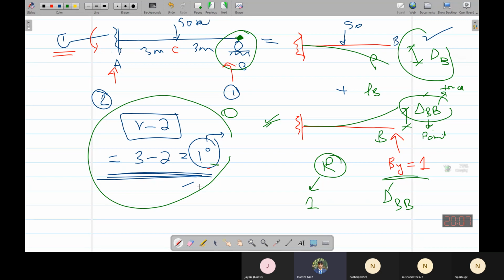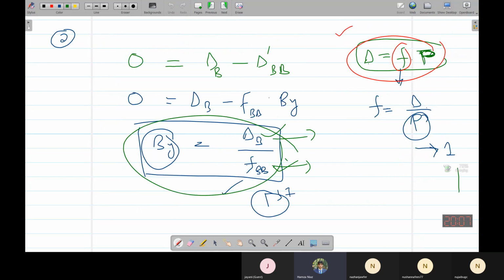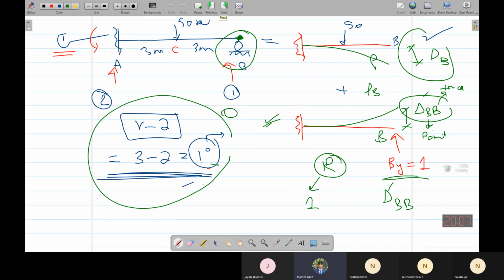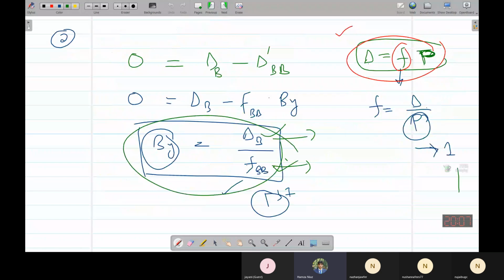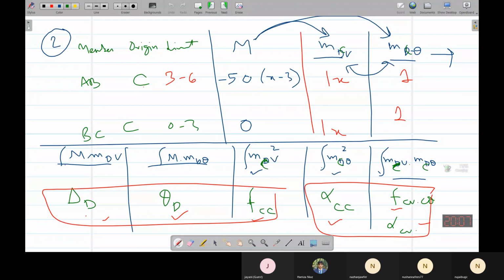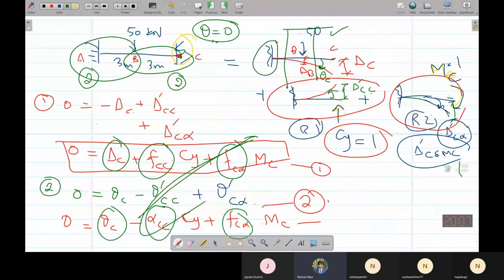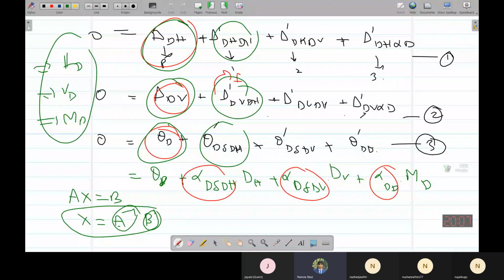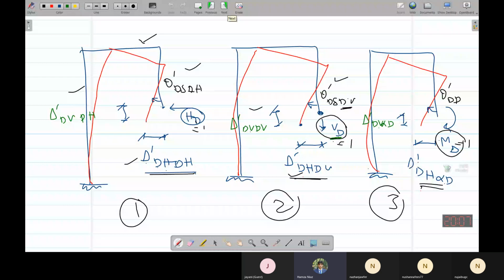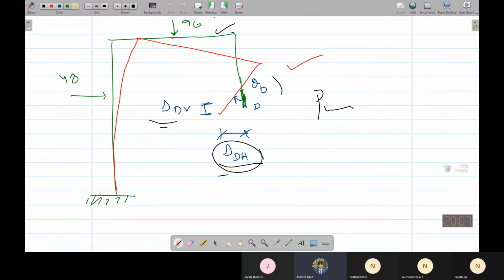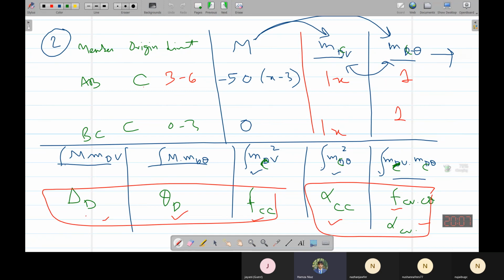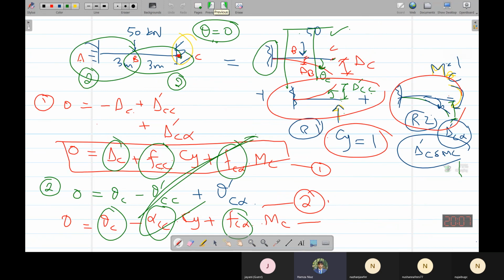If the degree was 1, we write 1 structure. If it was 2, we write 2 structures, and if the degree was 3, we write 3 redundant structures. So we have resolved the question into a primary structure as well as redundant structures.